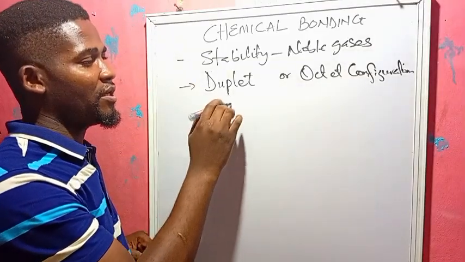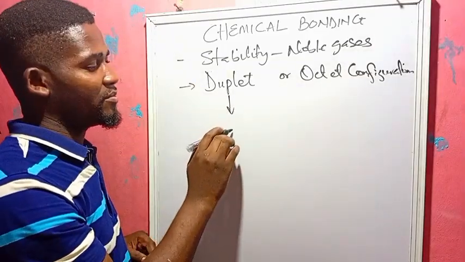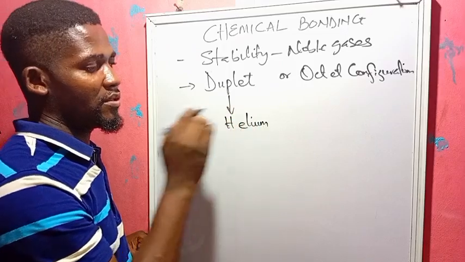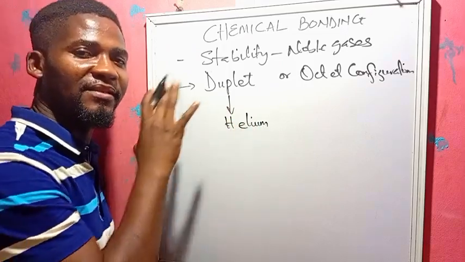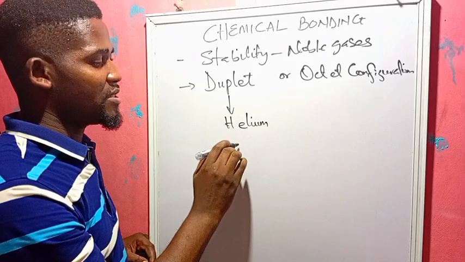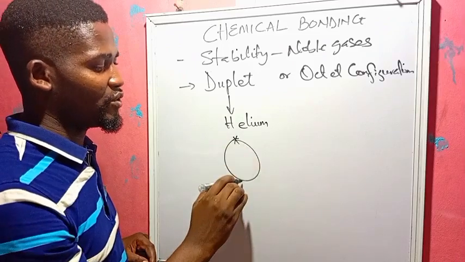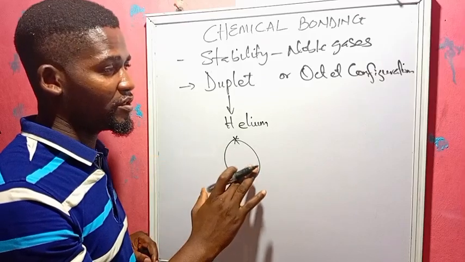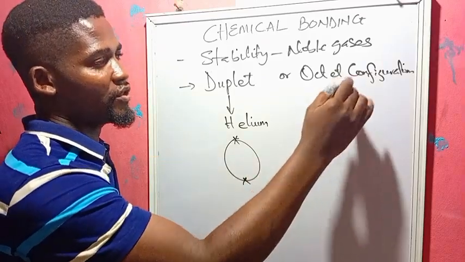For example, helium is a noble gas that is stable. It has its inner electron shell having two electrons. It doesn't need any addition. It's already stable.